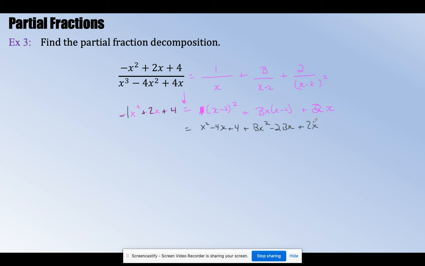And let's clean it up a little bit. Here's an x squared term, and there's an x squared term. Here's a negative 4x, and there's a positive 2x. So that's negative 2x, right? And then here's another x thing.